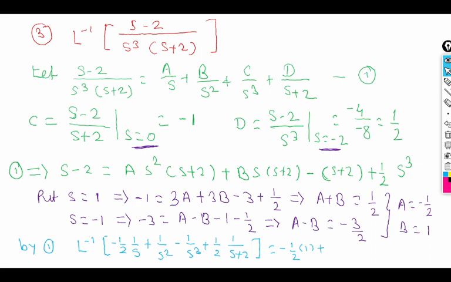So I will write it as plus t raised to 1 upon 1 factorial. That's one. And next is minus t square by 2 factorial, and the last one, plus 1 by 2 times the inverse of 1 upon s plus 2, which is e raised to minus 2t.